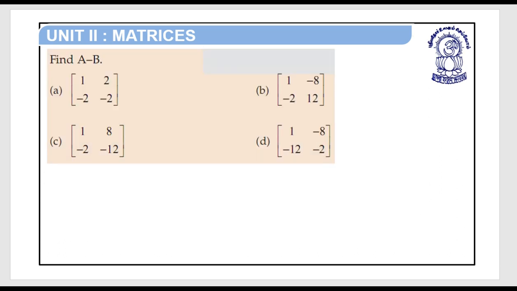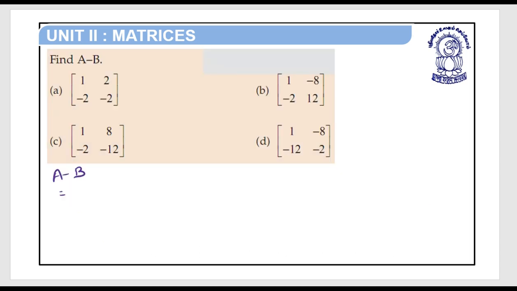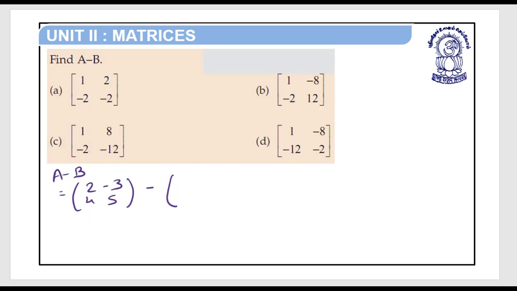Next, find A minus B. 2, minus 3, 4, 5 minus 1, 5, 6, minus 7.